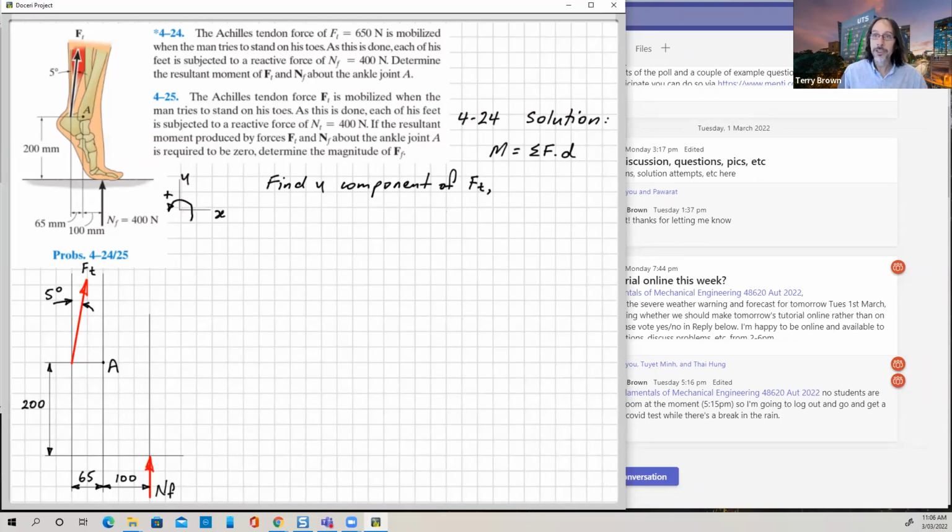So in your solution, you need to indicate what x and y are and their directions. I've also indicated there the sense of the moment that I'm taking as positive. If I've got x and y coordinates like that, then anti-clockwise is positive for the moment.